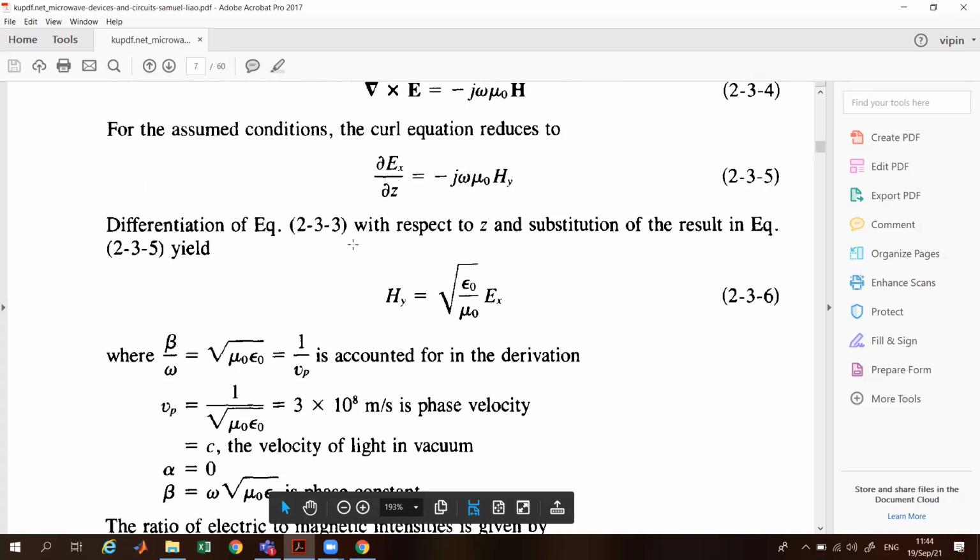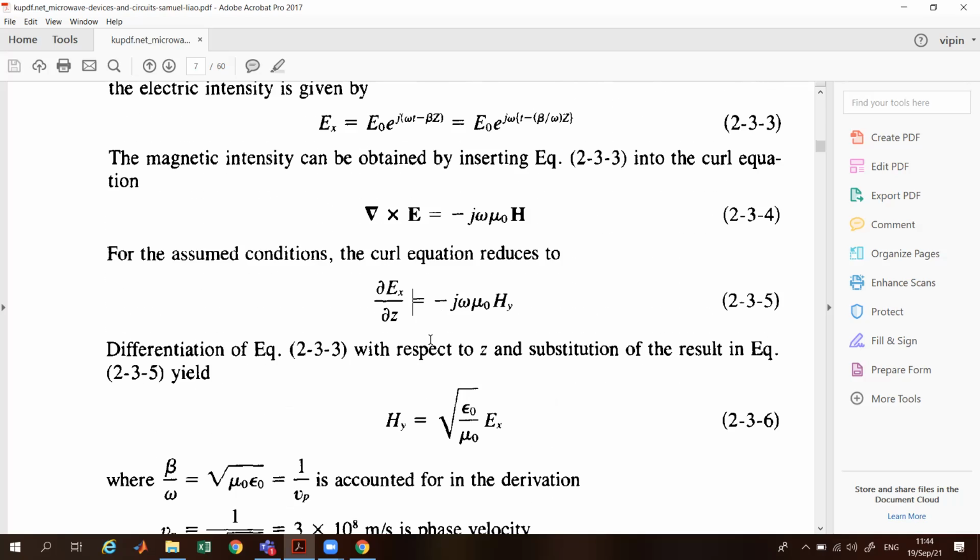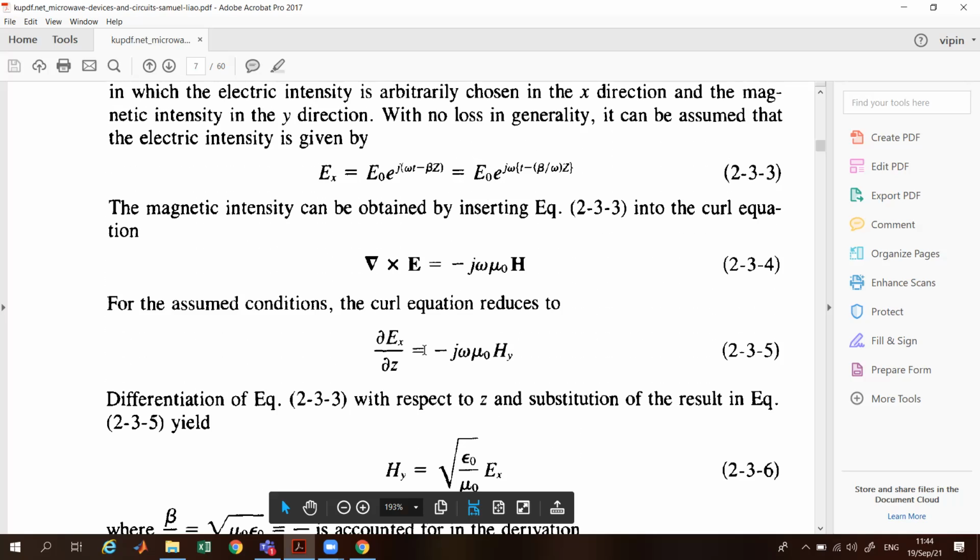Now we differentiate with respect to z and substitute the resultant equation, and then we have Hy equal to this. So we put this value here and differentiate it with respect to z. When you differentiate with respect to z, beta and omega come out of the equation.